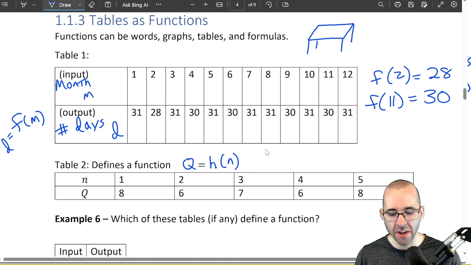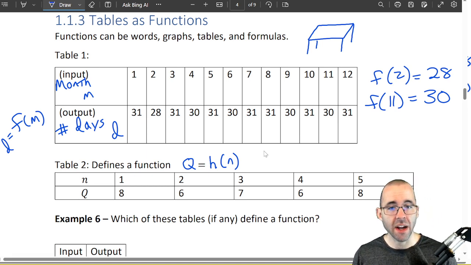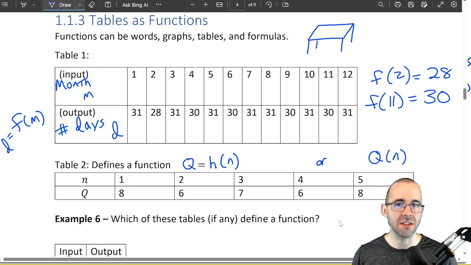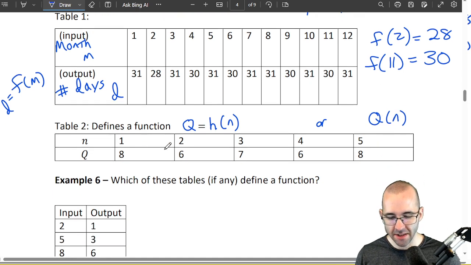And again, we can name our functions f, g, h. You can name your function whatever you want, f, g, and h being the most common. So this is one answer, one way you could fill in the blank here. But you can also, and this is also very common, use Q of n. Q is a function of n. I don't know what these represent. Maybe you do.